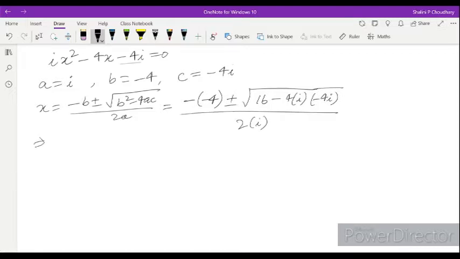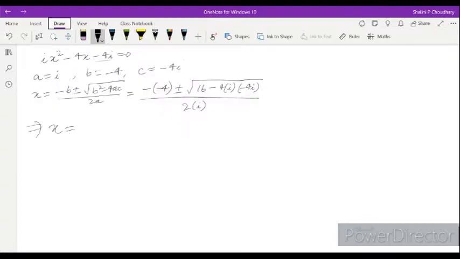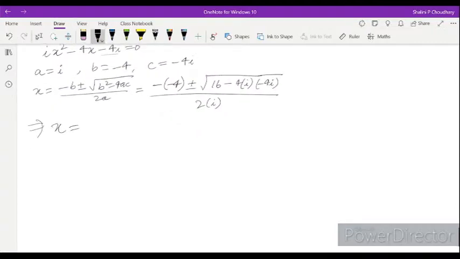Okay, so x will be equal to minus minus will be plus, so plus 4 plus minus square root of 16 and minus into 4 का square will be 16 and i का square will be minus. Okay, so minus minus plus, into 16, into i का square will be minus 1, okay, divided by 2i.